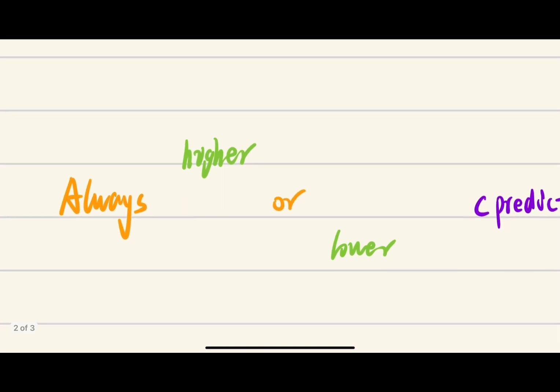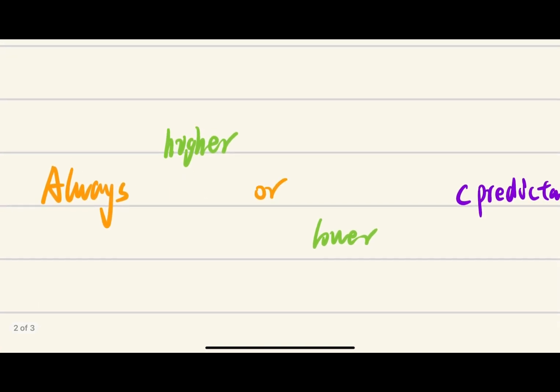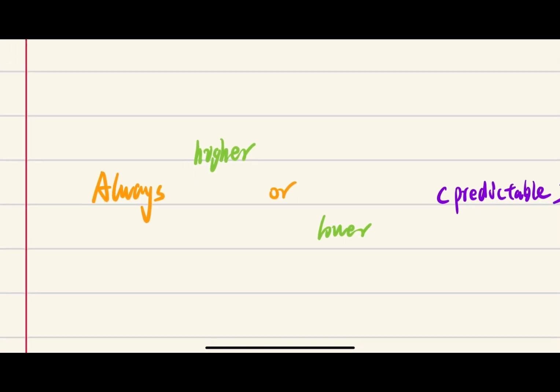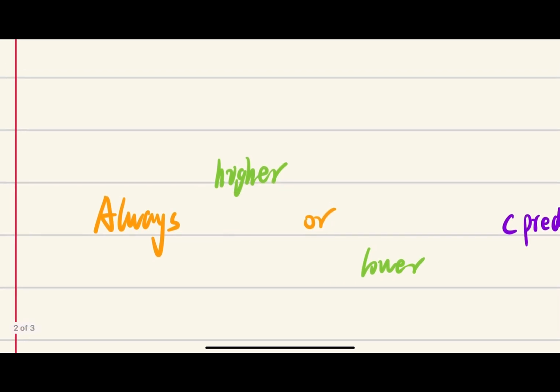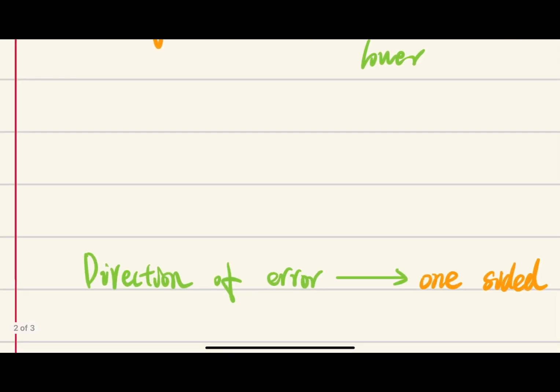Systematic error, as I mentioned before, is predictable. It's either higher or lower. So in your experiments, it's going to be always higher or always lower. Really neat and nice.